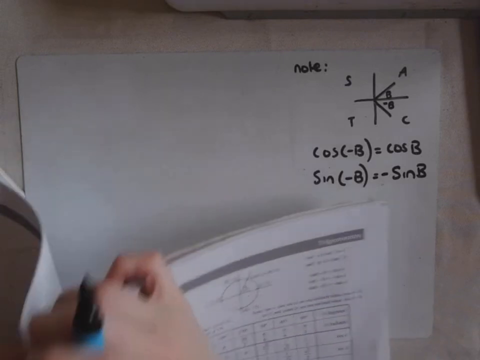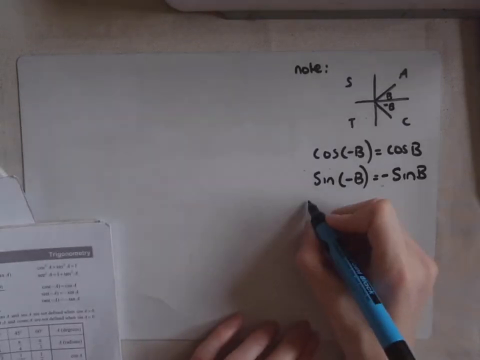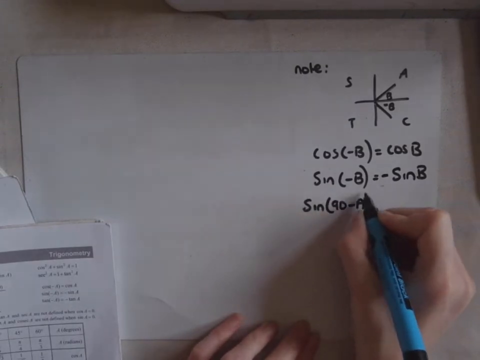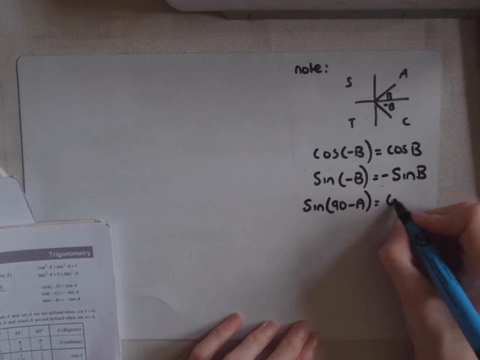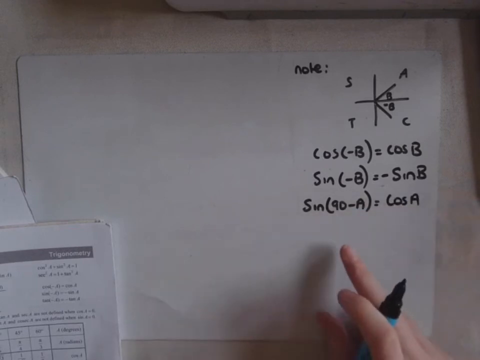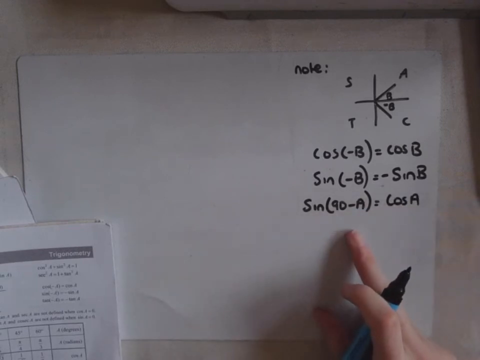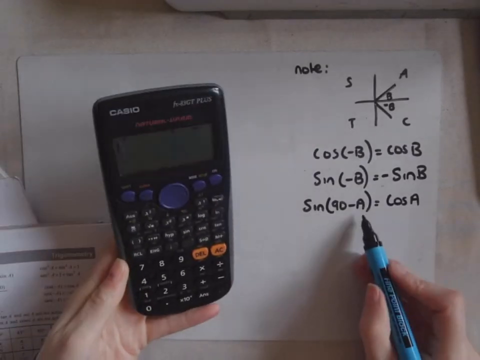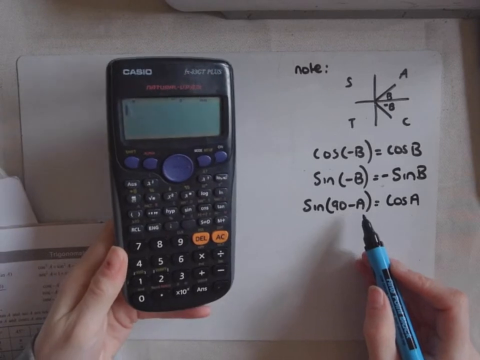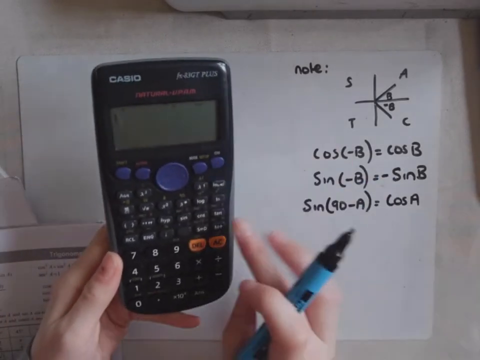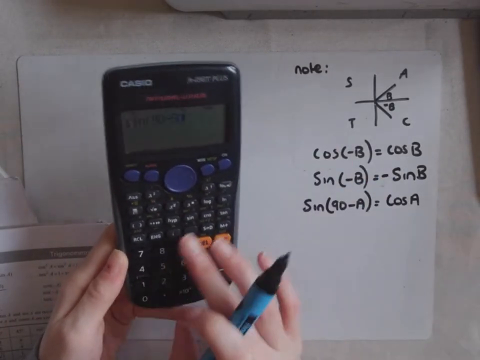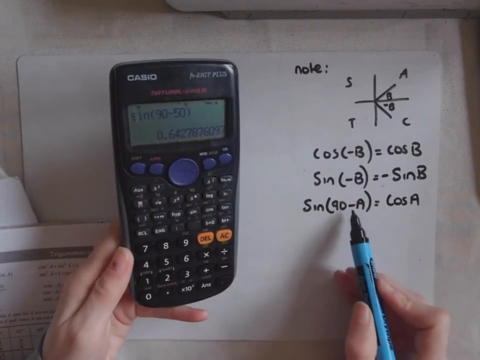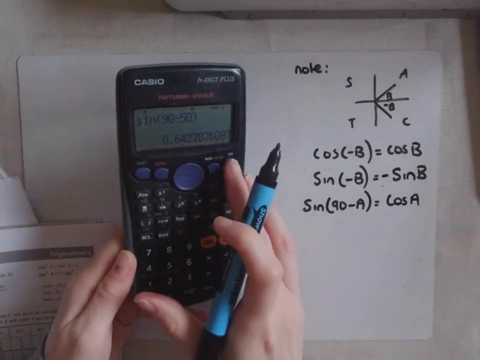Now something you do need to learn off, or at least know: sine of 90 minus A is the same as cos of A. So for example, if A is 50, sine of 90 take 50 is 0.64.